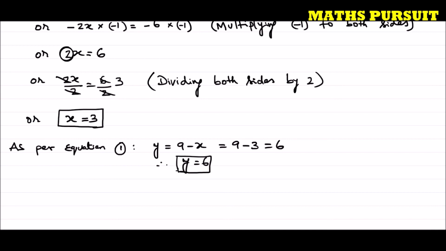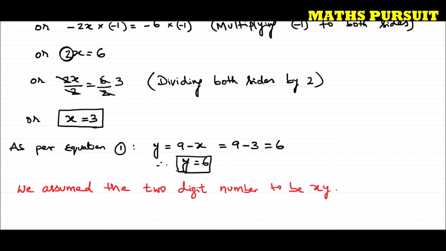Now guys, if you remember, initially we assumed that the 2-digit number is xy.